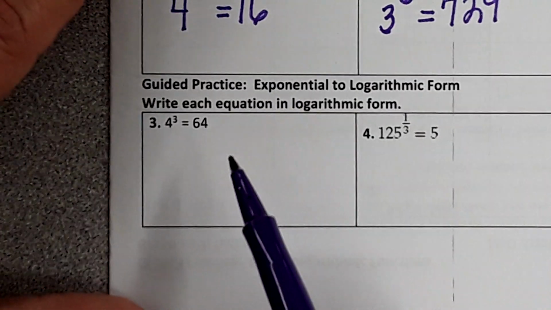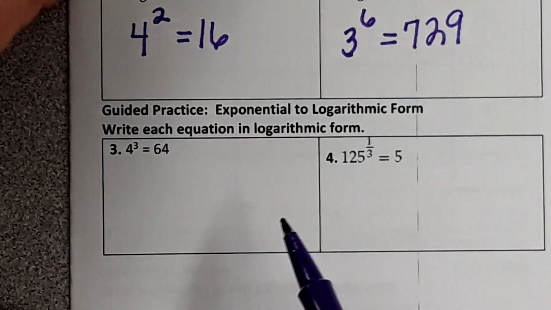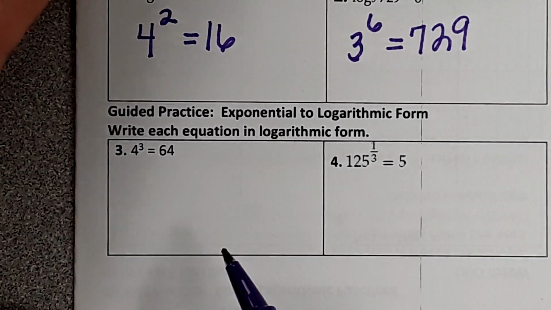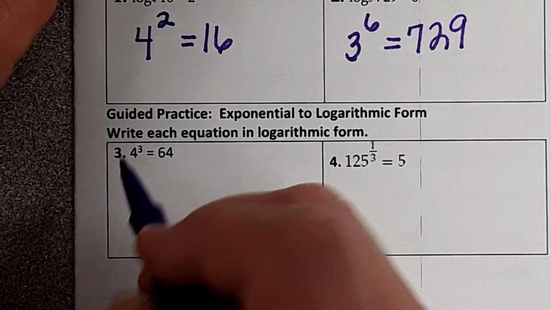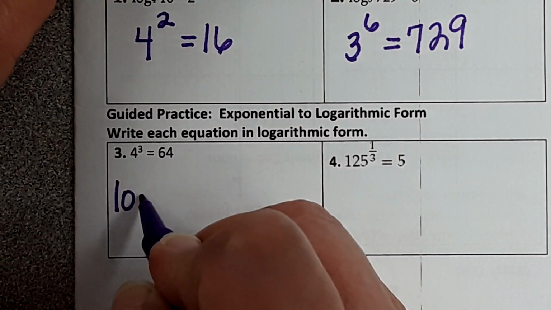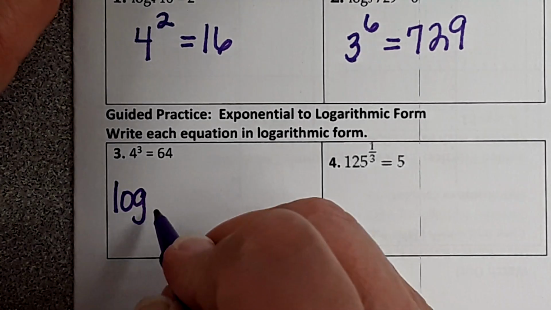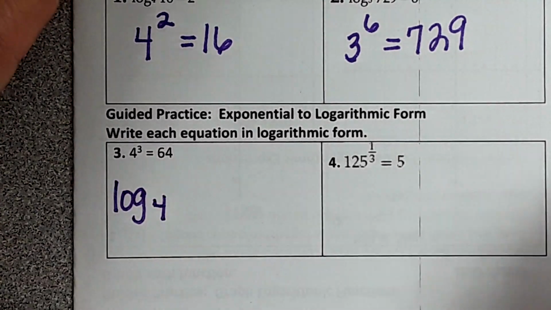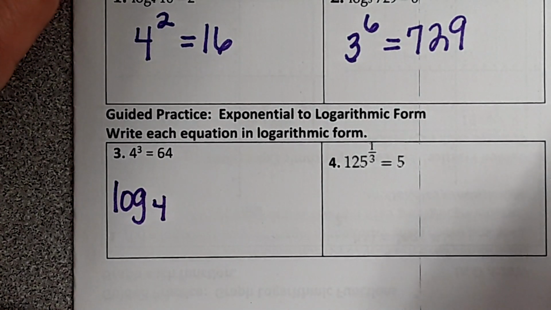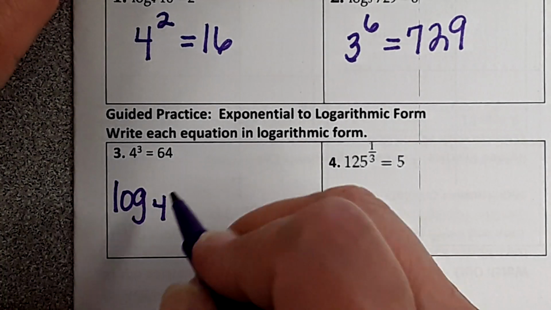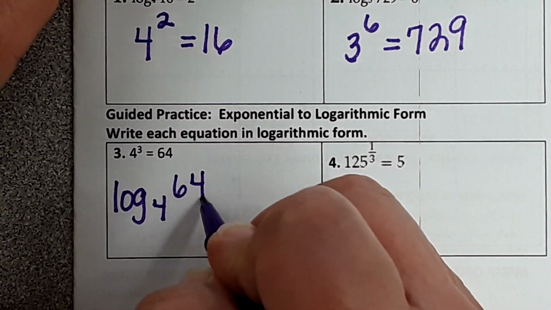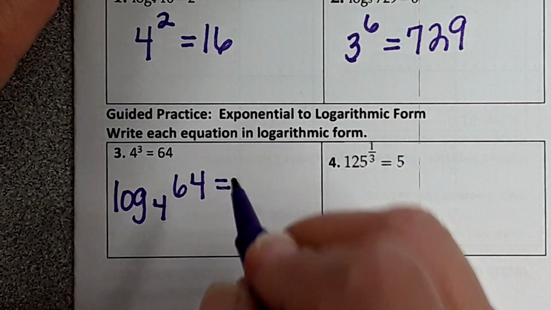So the first thing we're going to do is write log. Now, what is our base? 4, so that's going to be my subscript. What is my x? 64. And then what is my y?